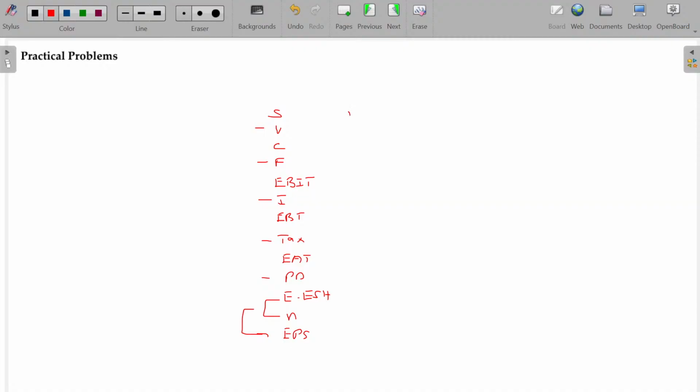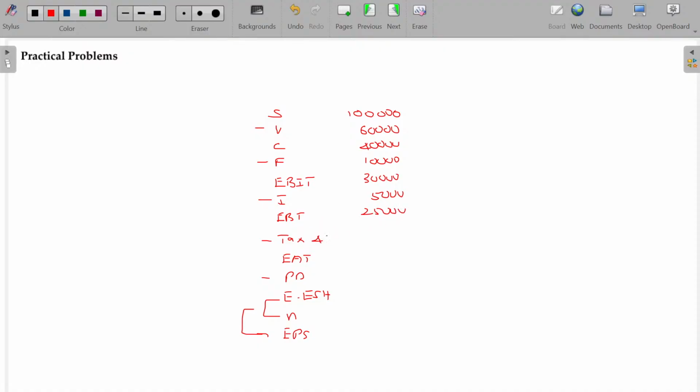Assume that the sales is 1 lakh, variable cost is 60,000, then the contribution is 40,000. Fixed cost is assumed to be 10,000, then EBIT is 30,000 rupees, interest is 5,000 and EBT is 25,000.